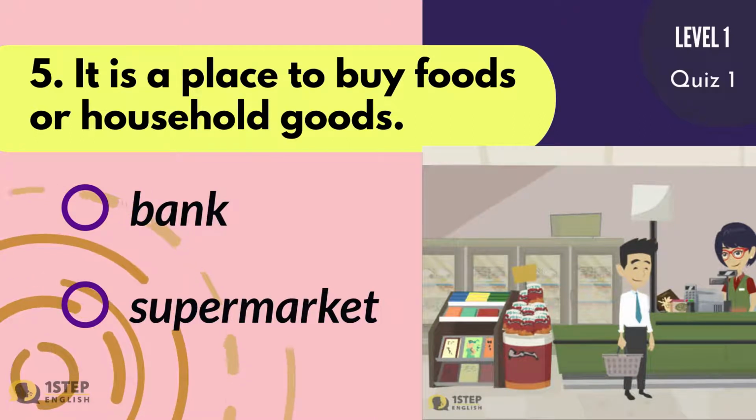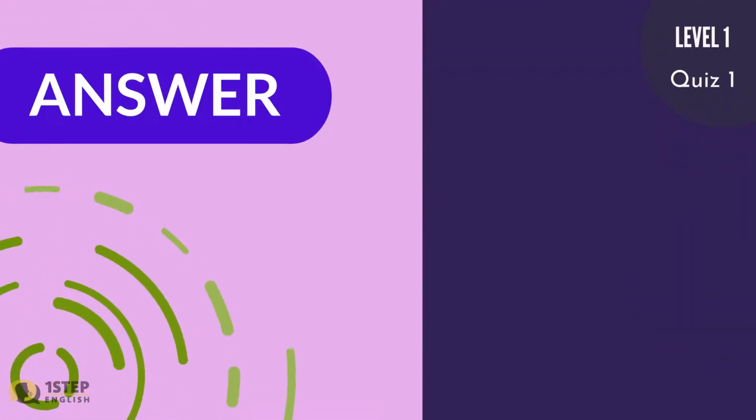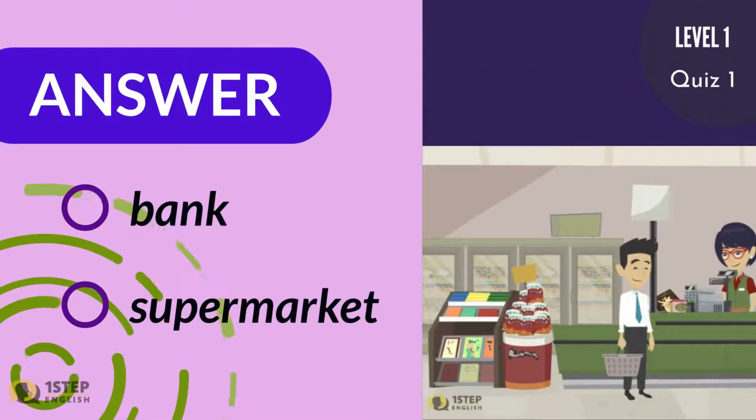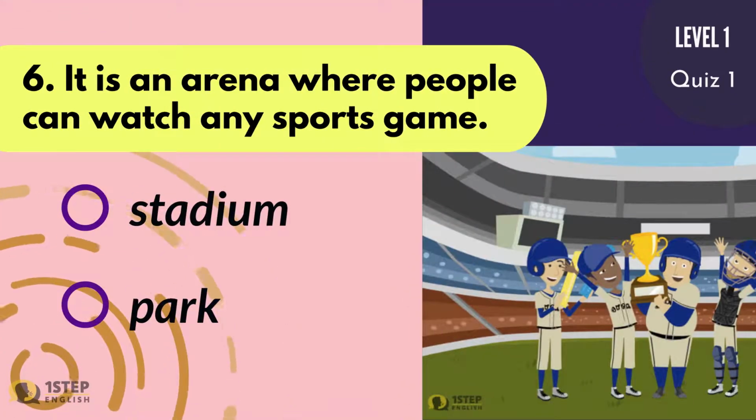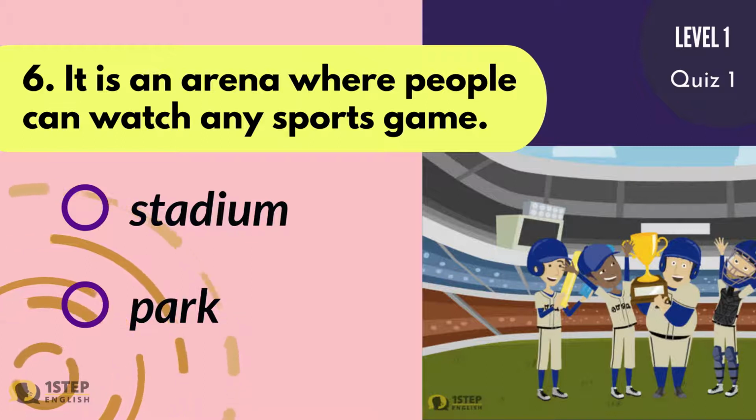Number 5. It is a place to buy foods or household goods. The answer is supermarket. Number 6. It is an arena where people can watch any sports game.